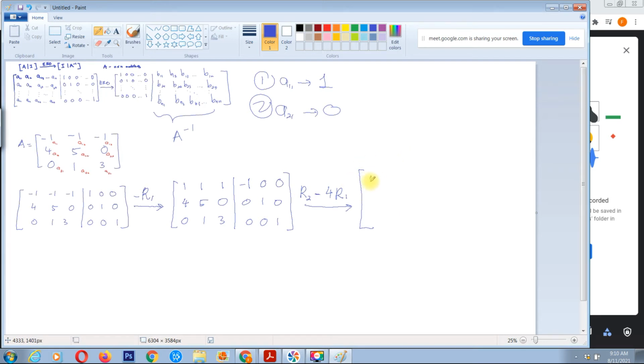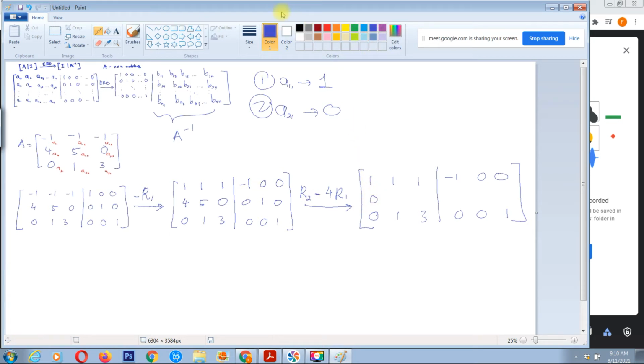For the rest of the rows we just copy first: 0, 1, 3, 0, 0, 1. The second row will be affected. For R2, the first entry will be 0.